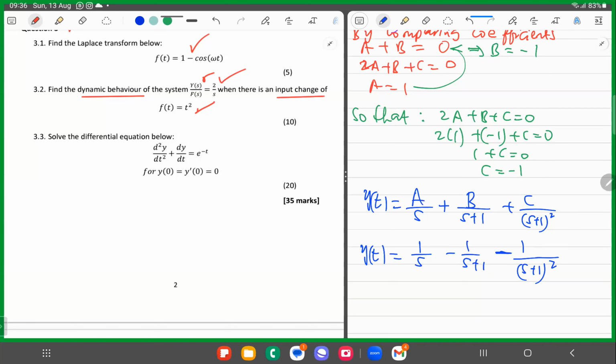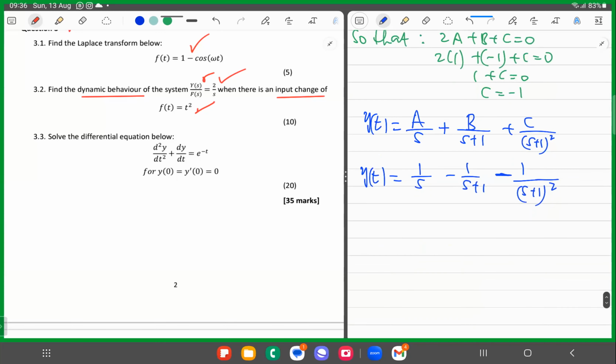If you add all these things here, it gives back what we had.